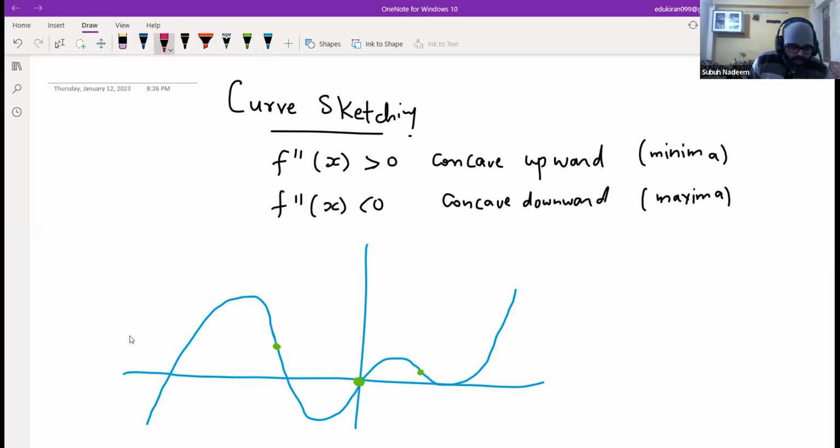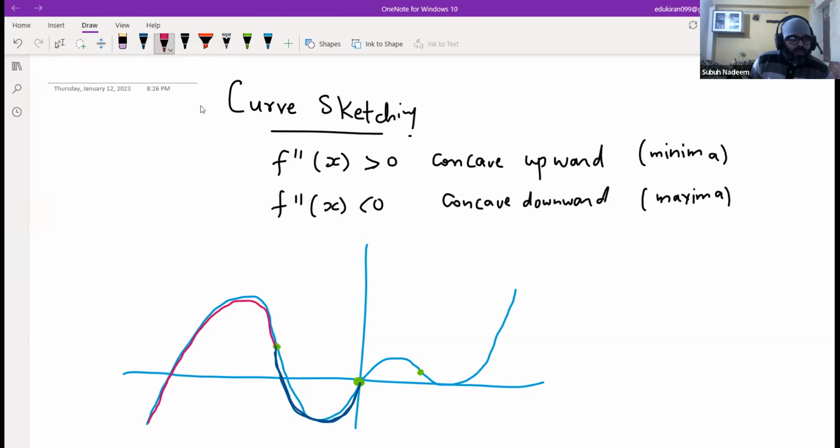If you see this portion of the graph, this is concave downward. And then if you see this portion of the graph, it is concave upward, right? It is concave upward and that is concave downward.